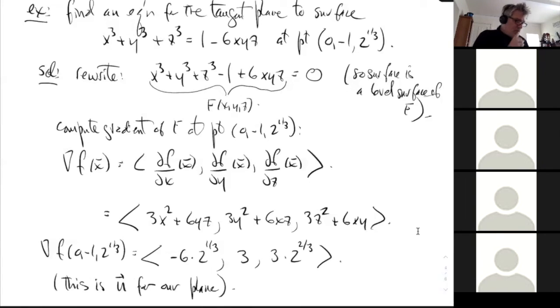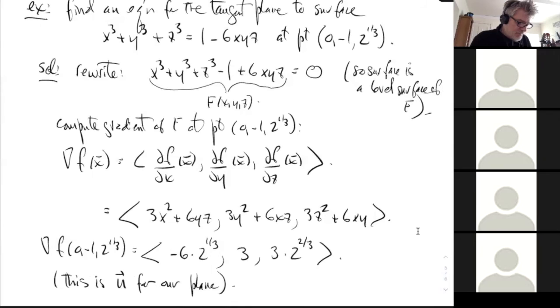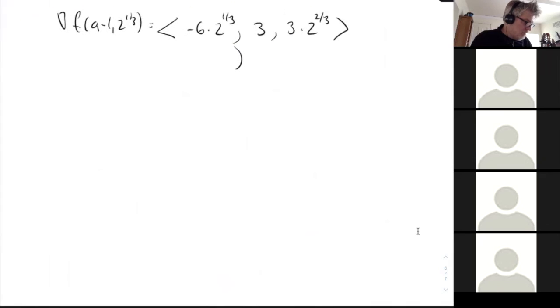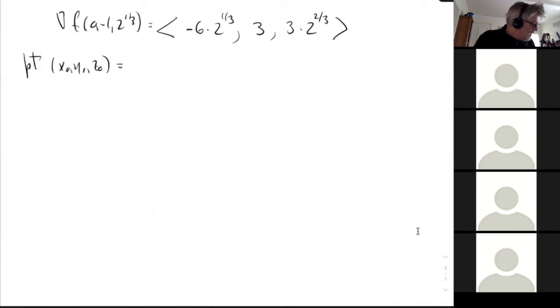Okay. So again, we haven't done this in a few weeks, so I just remind you very briefly, once you have the normal and a point, how do you find the plane? So this is our gradient, and our point x0, y0, z0 is (0, -1, 2 to the 1/3).